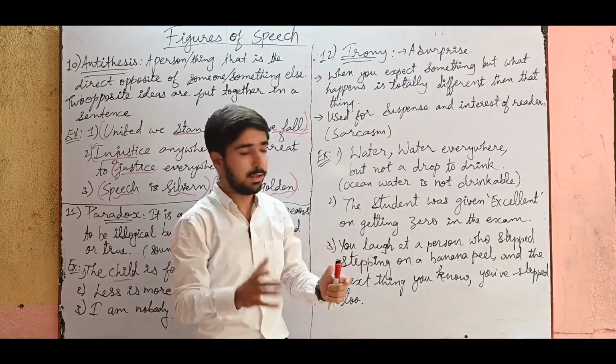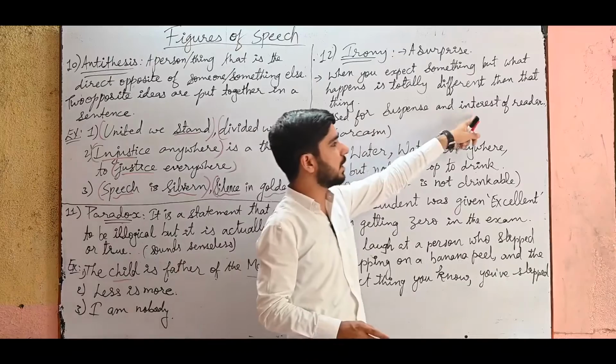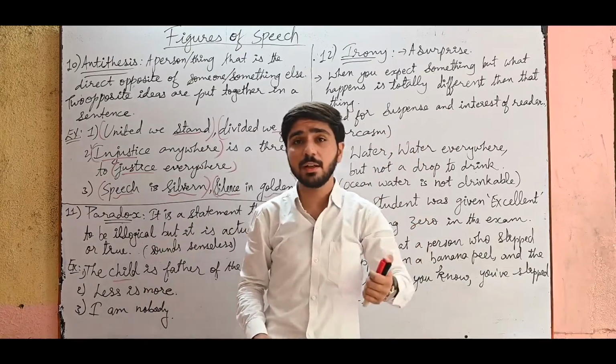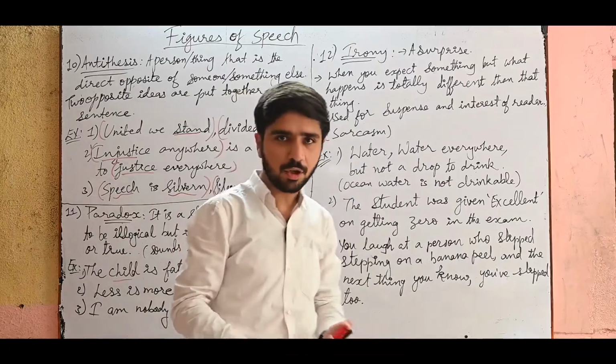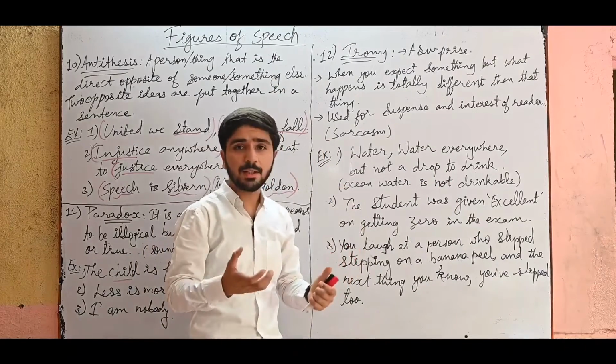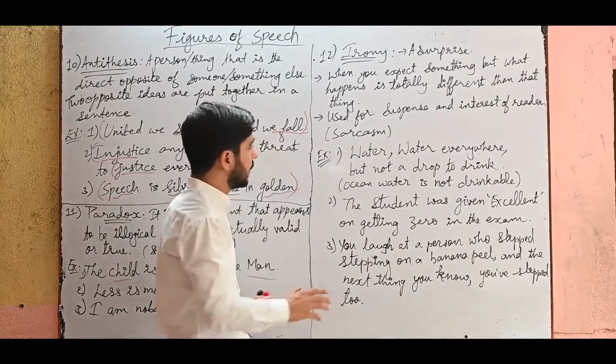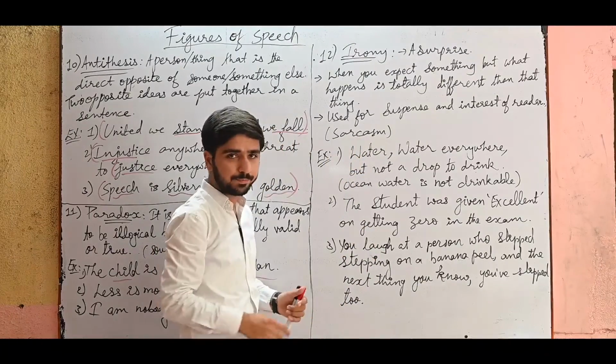That is irony, used for suspense and the interest of the reader. People use irony in reality shows, or even in movies. Irony is used a lot because the audience is expecting something, but something else is the outcome. It is also called sarcasm.